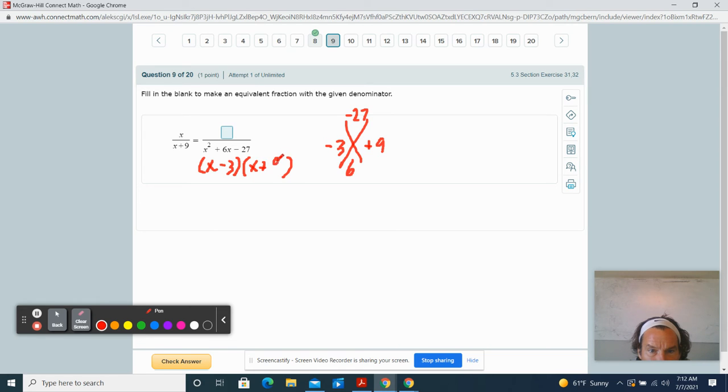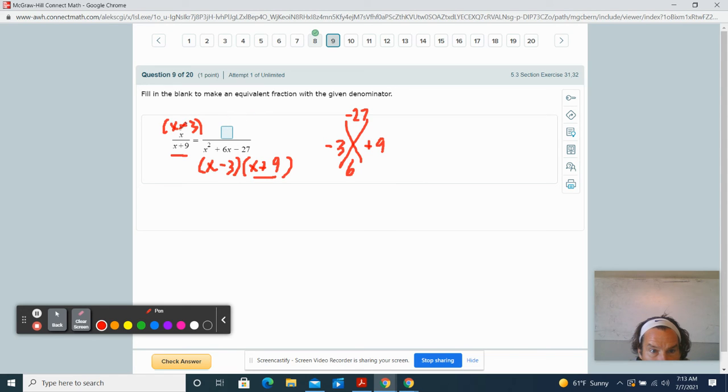You need to factor to see what you have to multiply by, because now we have an x plus 9 here, and we have an x plus 9 here. So all we need to multiply this by is the x minus 3. So that's exactly what this x is multiplied by. This x has to be multiplied by an x minus 3. Remember, if the denominator changes, the numerator changes.